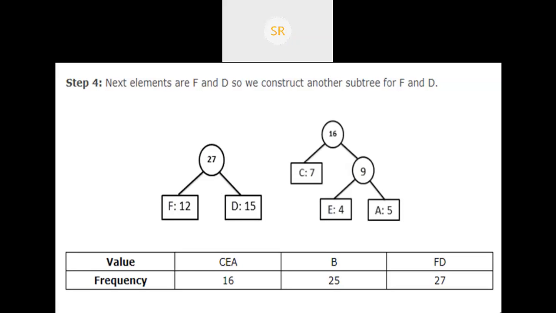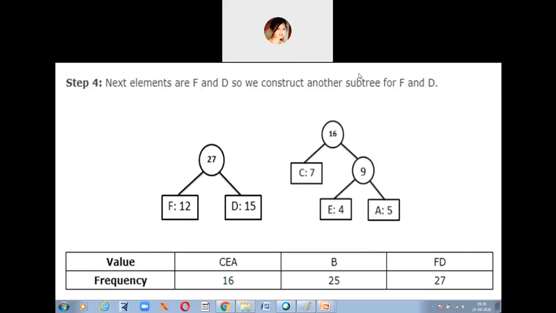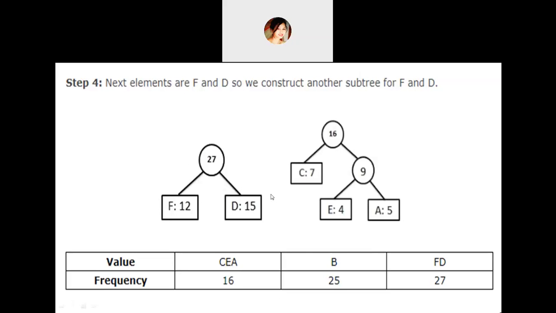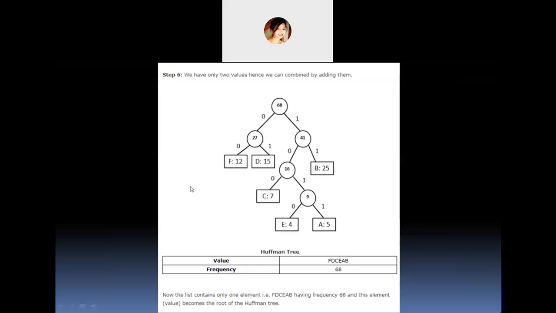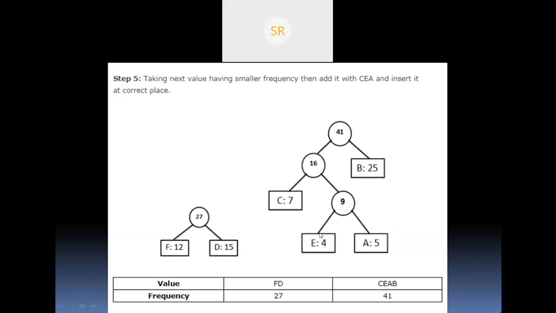Can anyone hear? Okay, if the tree becomes 2, then what will happen? If the tree becomes 2 means? Ma'am, it means in step 4, if we don't add this subtree with the entry, then what will happen? I didn't get your question. Sajib, your voice is breaking. Can you write it quickly in your message?